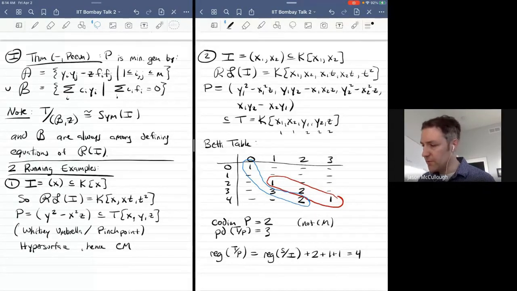And I'll recall this formula in a second. Okay, so those are the 2 running examples I want you to think of. And remember, if you remember from last time, the only case I got a Cohen-Macaulay ideal was when I started with a principal ideal. Otherwise, I'm never going to see something Cohen-Macaulay.